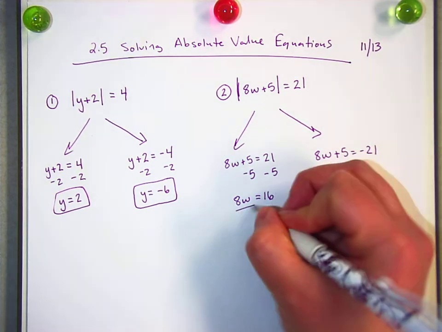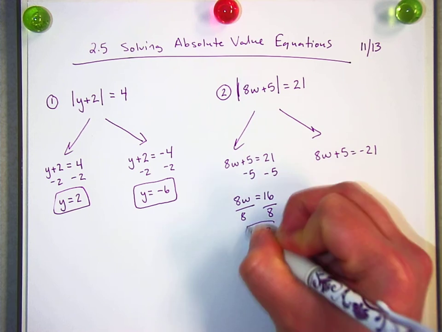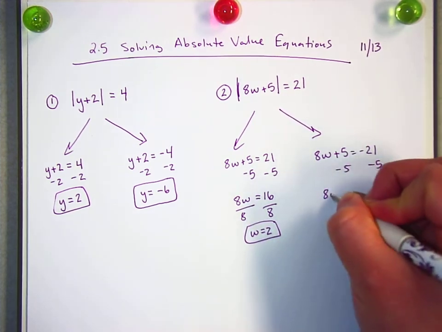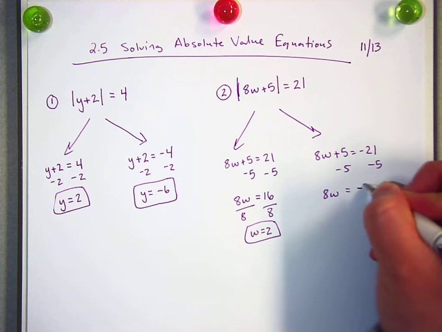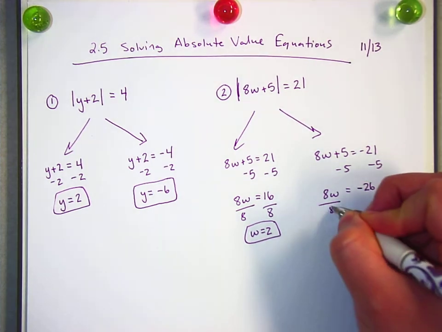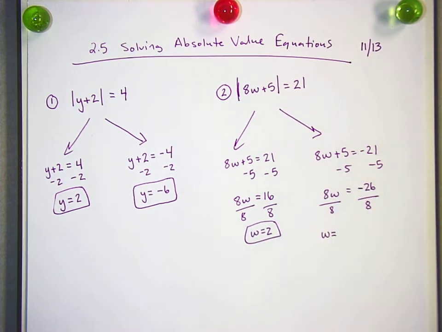I'm just going to solve these really quick so you can check your work and see how you did. Let's see, negative 26 over 8. Well, how can I reduce that?